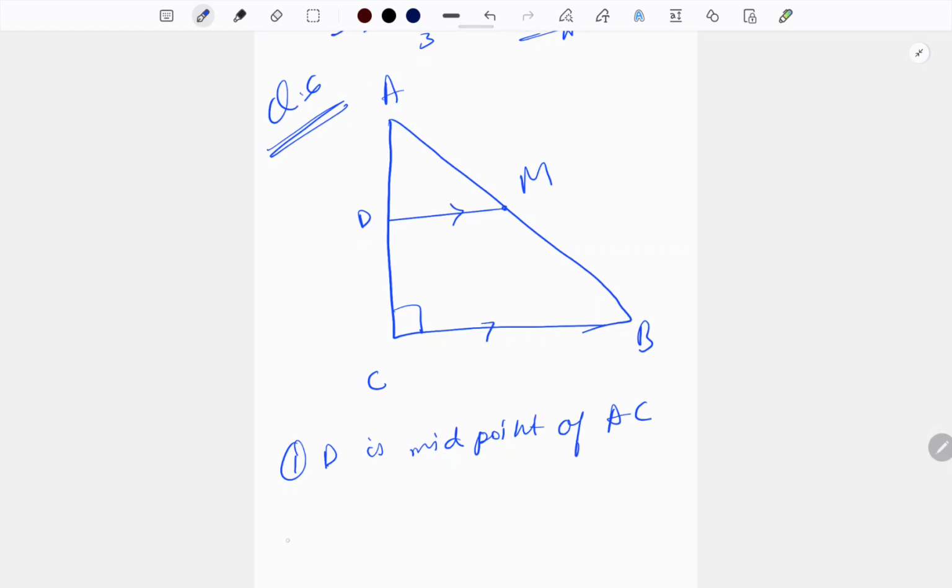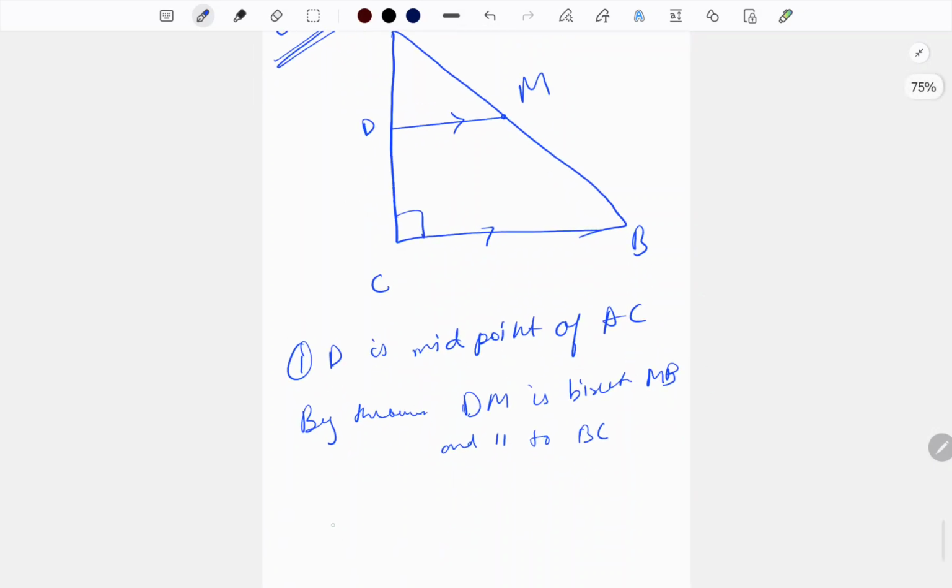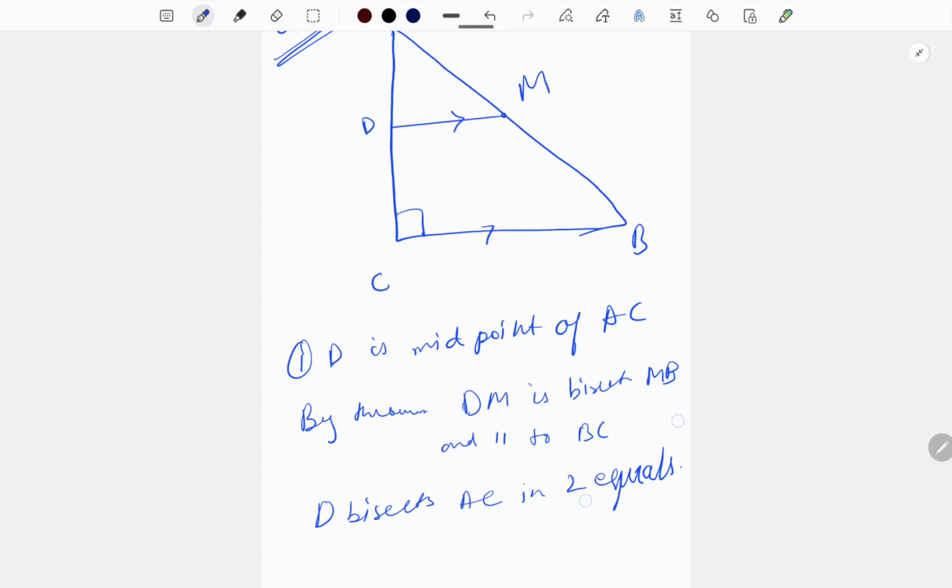This is parallel. So by theorem, DM is bisecting AB and parallel to BC. Therefore, D bisects AC into 2 equal parts. ठीक है, ये हो गया पहला पार्ट.